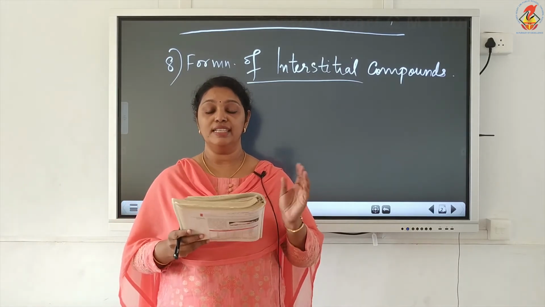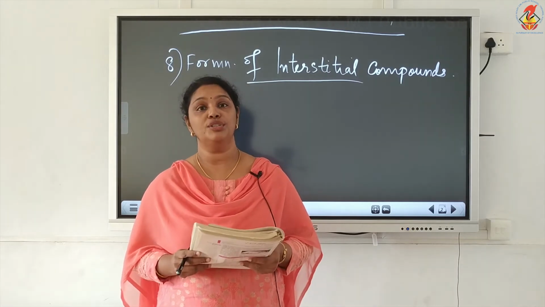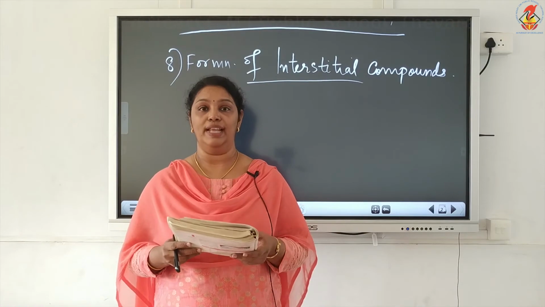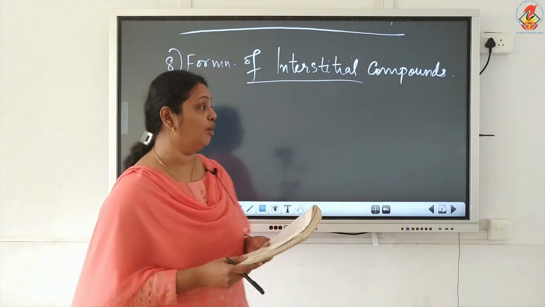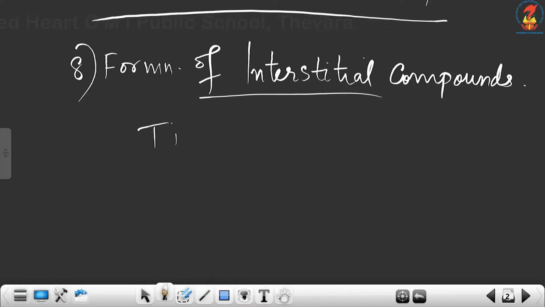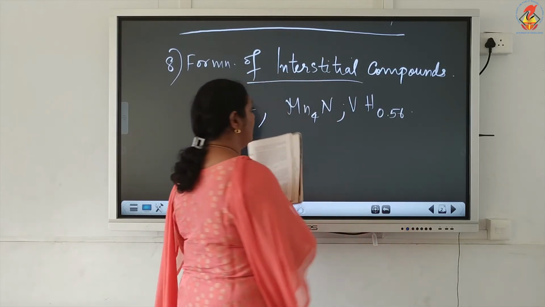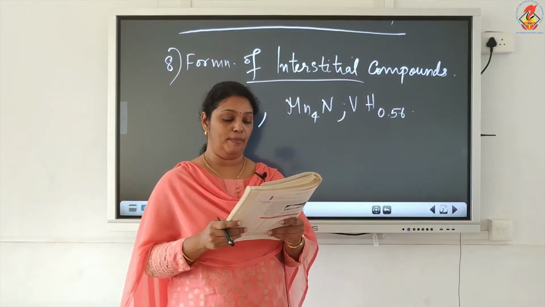These interstitial compounds are non-stoichiometric compounds, and they are neither ionic nor covalent. Examples for interstitial compounds are TiC, Mn4N, and VH0.56.